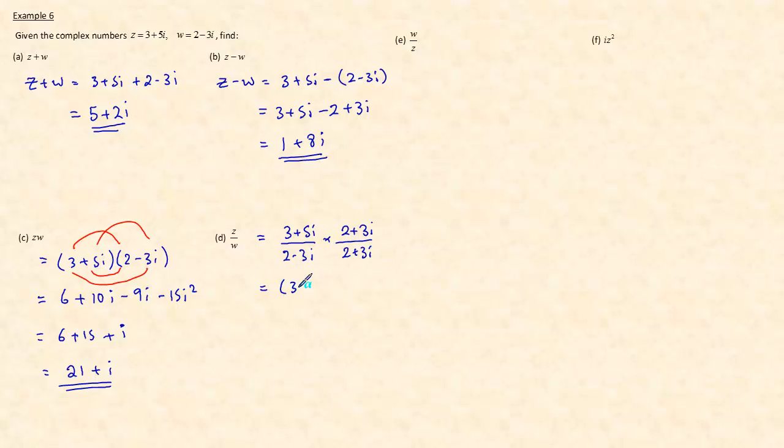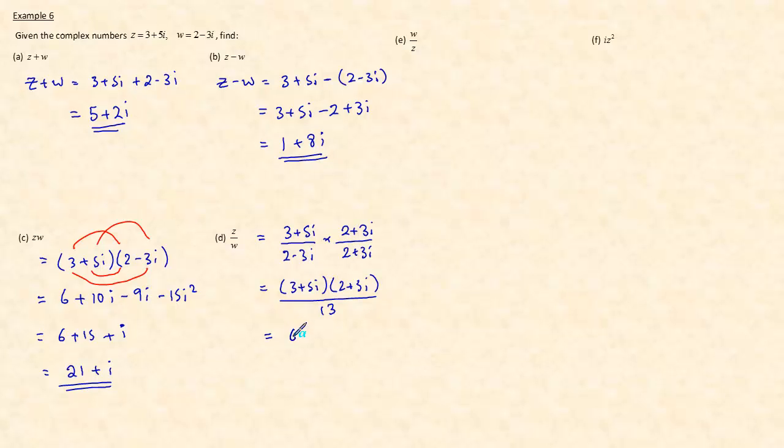So we have 3 plus 5i, 2 plus 3i, over, now we've looked at this, multiplying conjugates together, that's going to end up being 4 plus 9, which is 13.